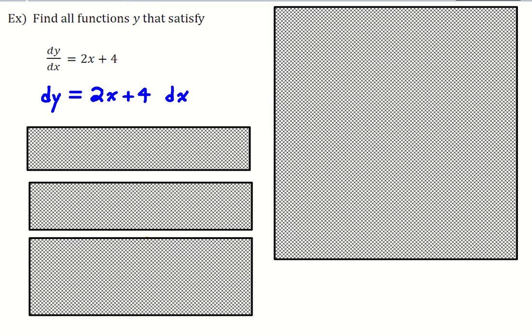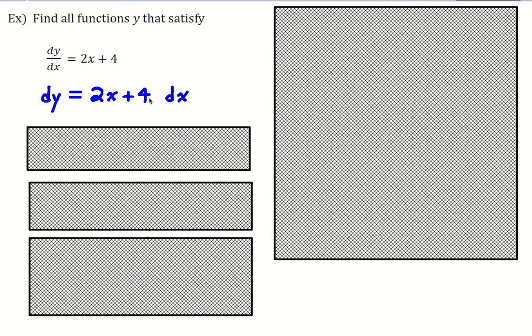Essentially, you're taking the integral of both sides. I don't know if this was ever emphasized 100% last semester, but with an equation like this, you're technically taking the integral of the left side and the right side separately with respect to x.